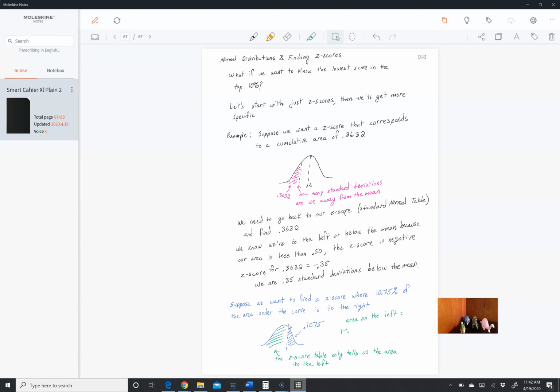So 1 minus 0.1075. And if we do 1 minus 0.1075, we get 0.8925, right? So if 10.75% is on the right, then 89.25% is on the left. Sorry, 89.25. I don't know where I got the 7 from.